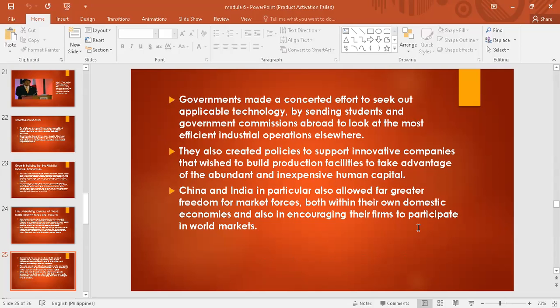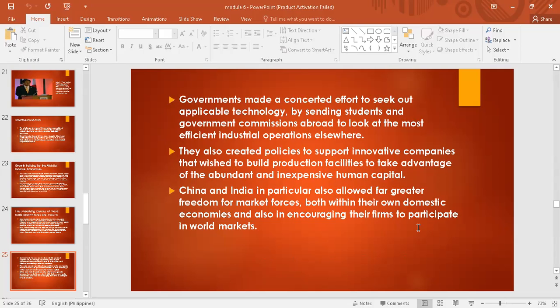Unlike if we're going to compare sa mga developed countries, not only mataas yung kanilang human capital, mahal ang mga bayad sa kanilang mga labor force. They focus also on capital investment, yung production facilities.